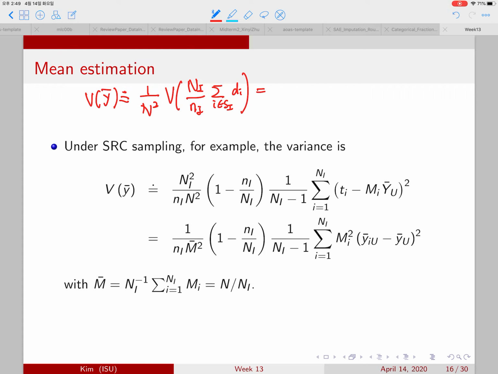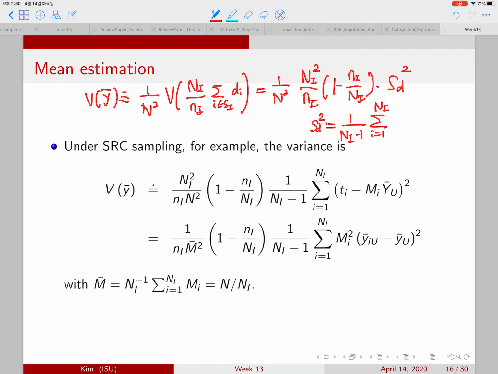And so under simple random sampling of clusters, this is N squared times sd squared, where sd squared is the sample population variance of the di's. So that's supposed to be something like this, right?